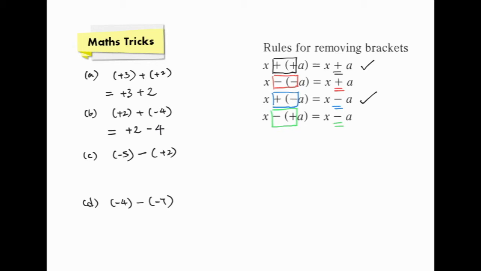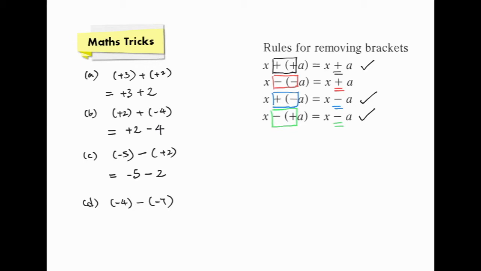Example C. Negative 5 minus positive 2. Do you remember what we should do first? Yes, copy negative 5. Then, by rule 4, we have negative 5 minus 2.